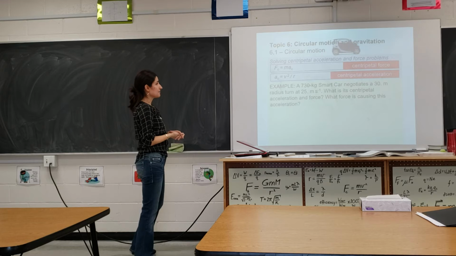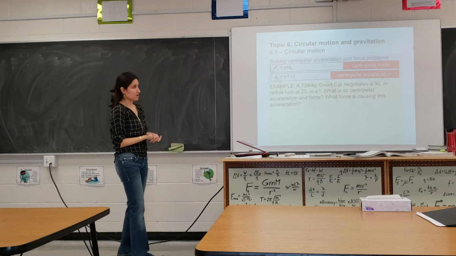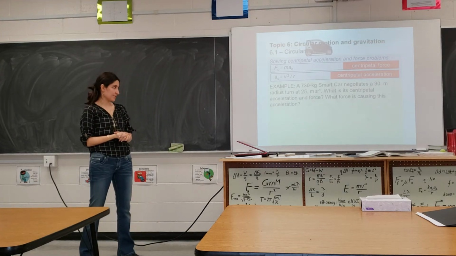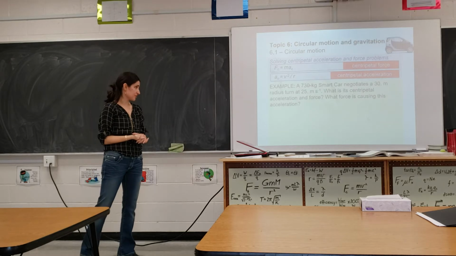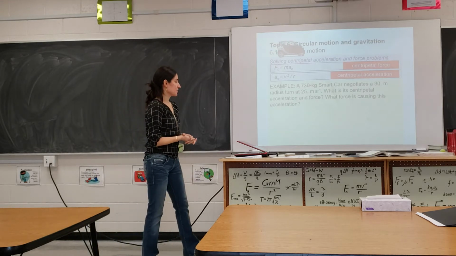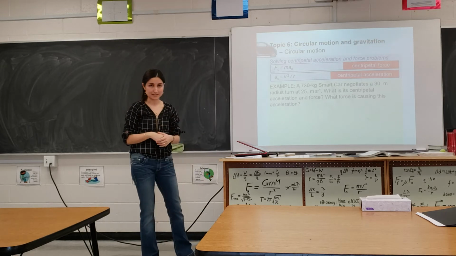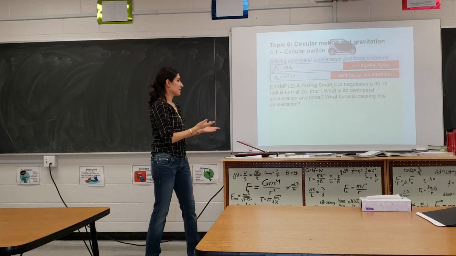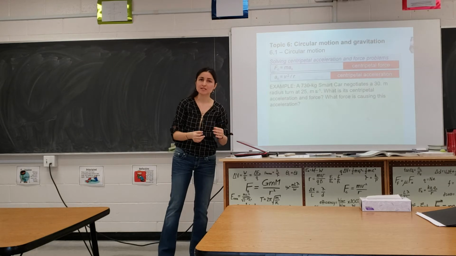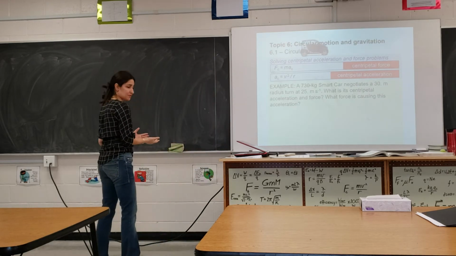A 730 kilogram smart car negotiates a 30-meter radius turn at 25 meters per second. What is its centripetal acceleration and force? And then what force is causing this acceleration? This is just an example to get our hands wet, just to see how to use these formulas.